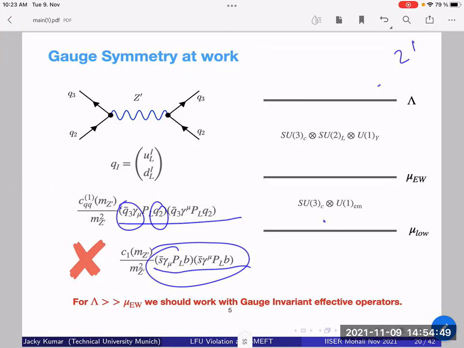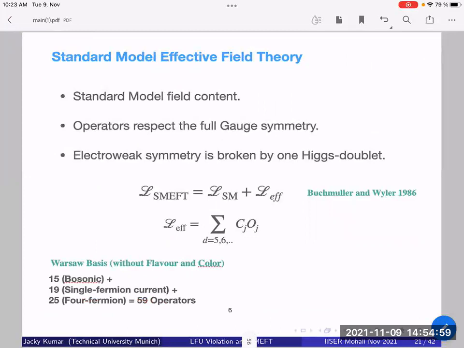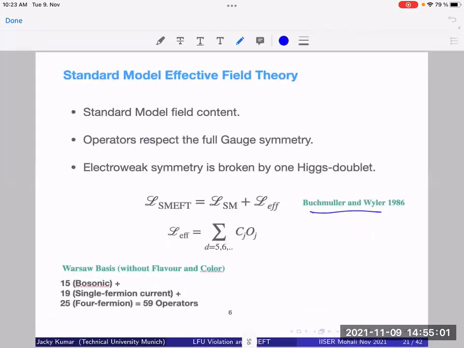So if lambda is really much larger than the electroweak scale, as LHC is indicating, we should really work with the gauge invariant effective operators at the new physics scale. So what Buchmuller and Wyler did in 1986 was assume that there is only the field content of the standard model, no new light particle.